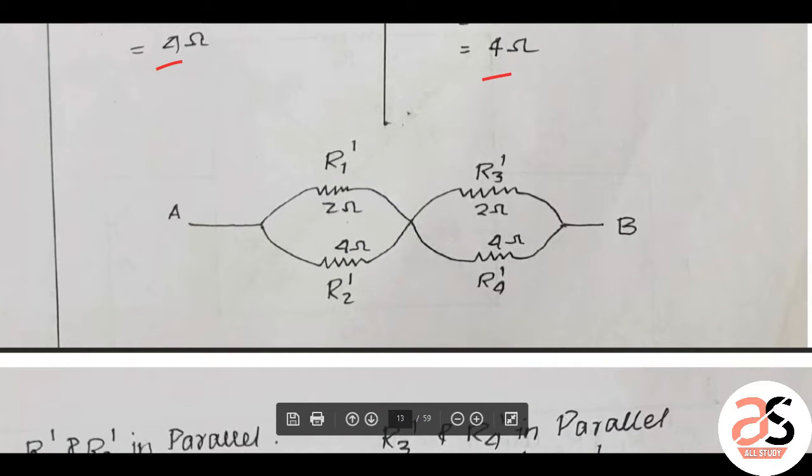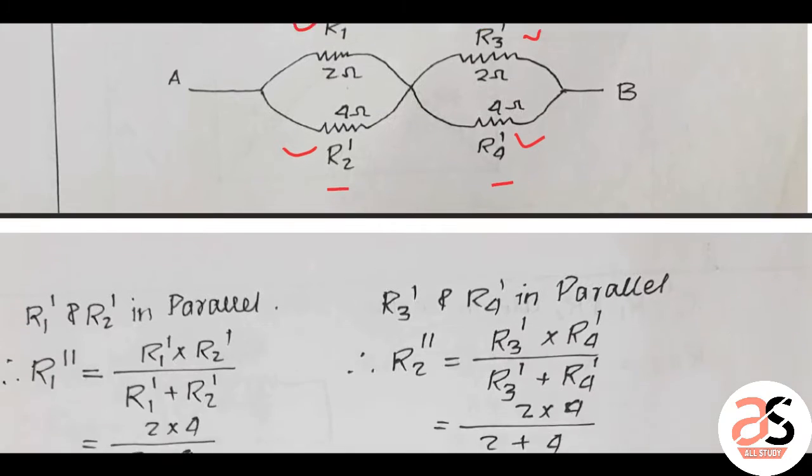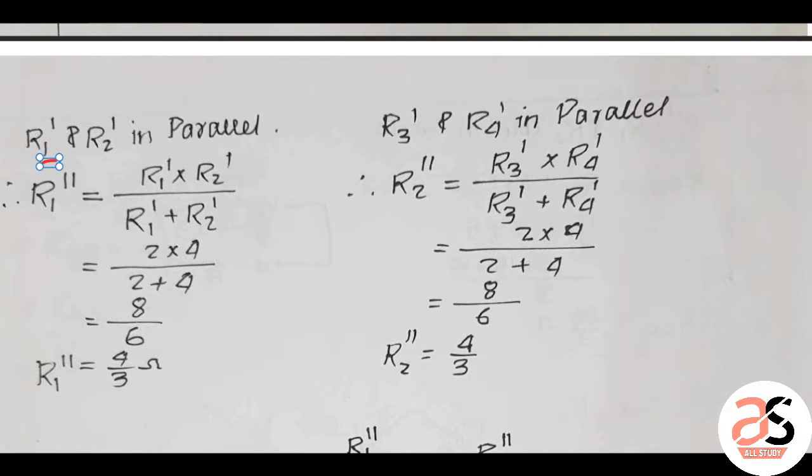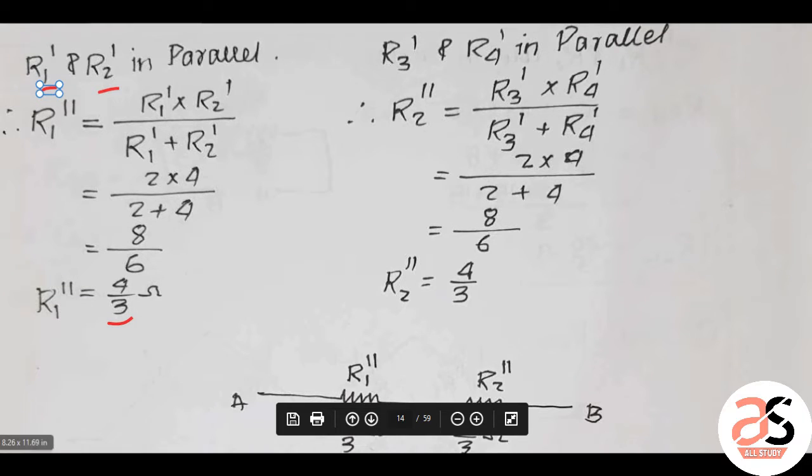The new figure will be R1 dash, R3 dash, R2 dash, R4 dash, so 2 ohm, 2 ohm, 4 ohm, 4 ohm. Now these two are parallel, these two are parallel. R1 dash and R2 dash in parallel, R3 dash and R4 dash in parallel. So the value here is 4 by 3.